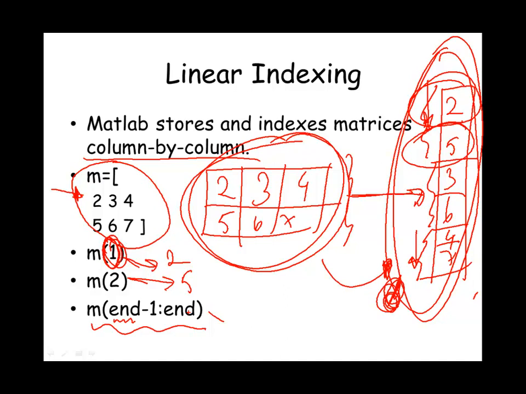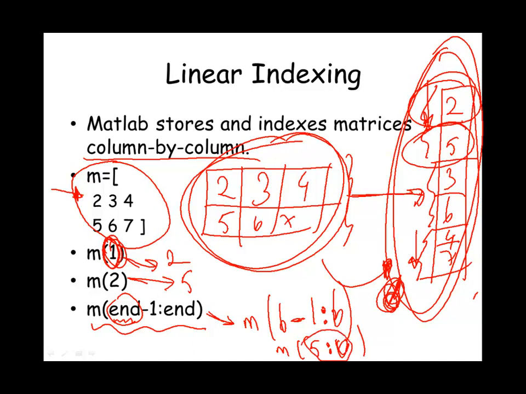When you don't have any commas, the end keyword will be replaced with the number of elements in the matrix or in the vector. I have 6 elements in the vector, so saying end is equivalent to just saying 6 for this matrix. So M(end-1:end) is the same as saying M(5:6).